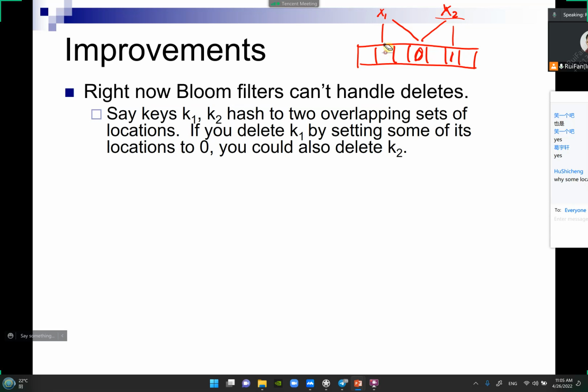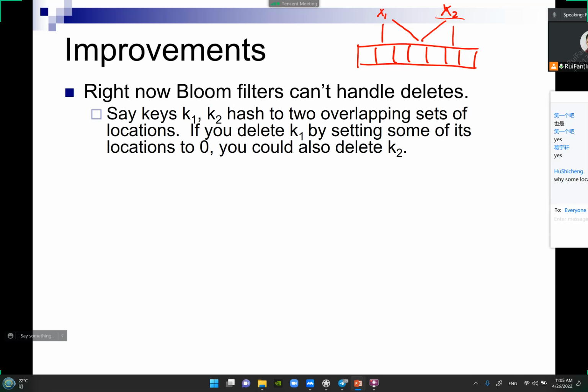However, there is a way to modify these Bloom filters so that they can support some sort of delete operation. Instead of having simply bits at each of these array locations, which can either be 0 or 1, we're going to make each array location hold a value from, let's say, 0 to s for some value s.